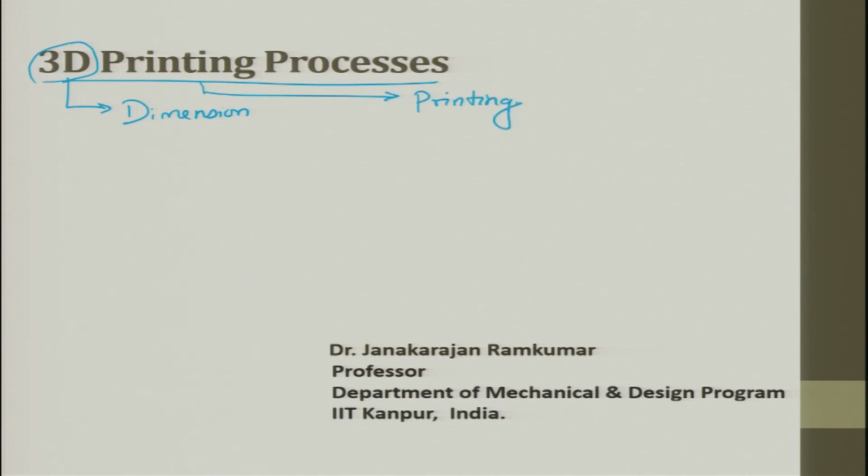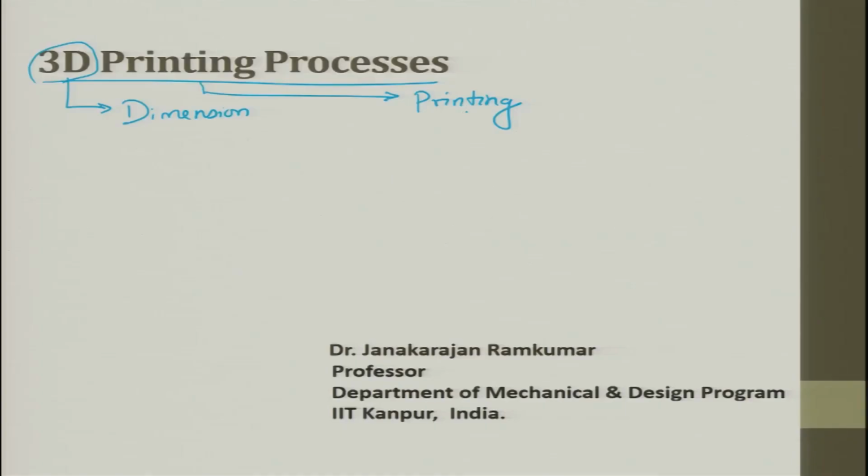Currently almost every house has a desktop printer, wherein what we print is 2D laminate information on one sheet of paper. So, we are going to use that technique and develop 3-dimensional objects. That is what is discussed in this process, 3D printing processes.